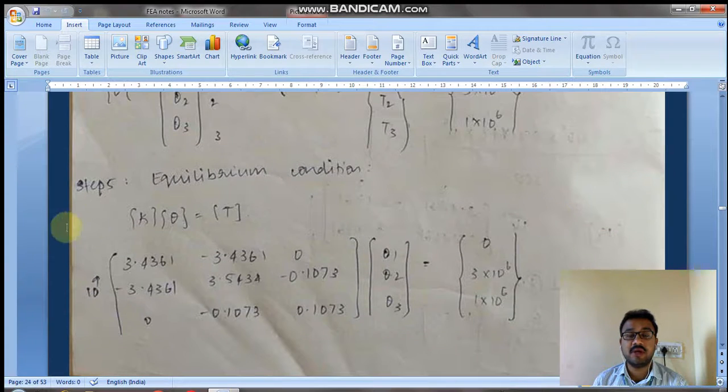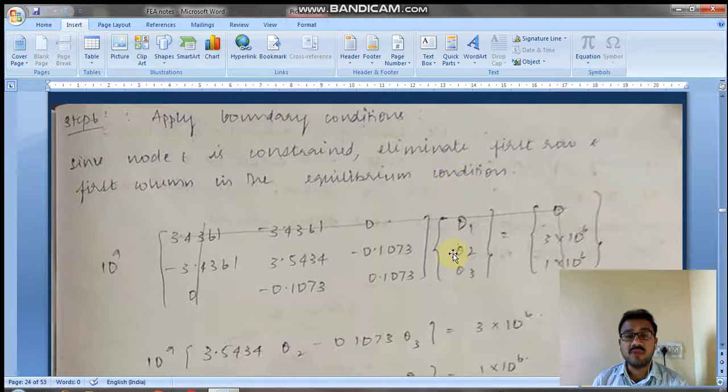The next is the equilibrium condition, which says that the global stiffness matrix into the slope vector is equal to the torque vector. I know the K value, the theta value, and even the T value. For the boundary condition I will be following the same elimination approach which I followed for the bar problem and the truss problem.